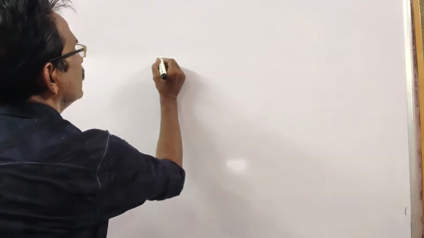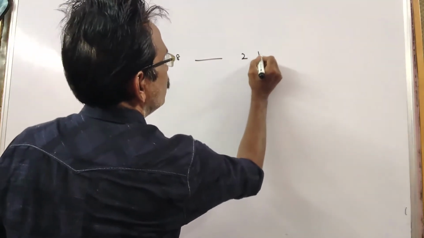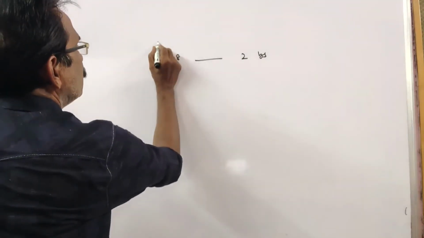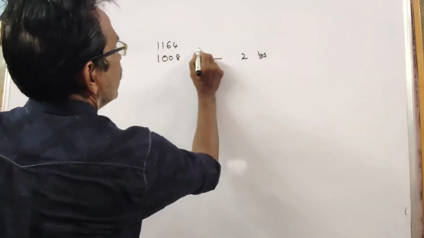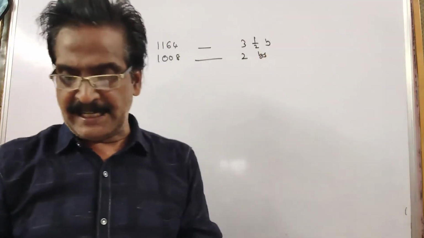See, a certain sum of money amounts to 1008 in 2 years and 1164 in 3.5 years.